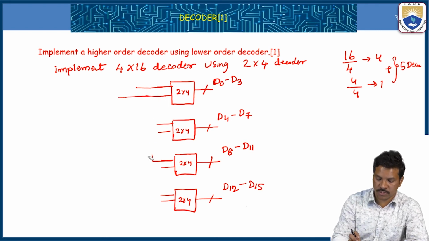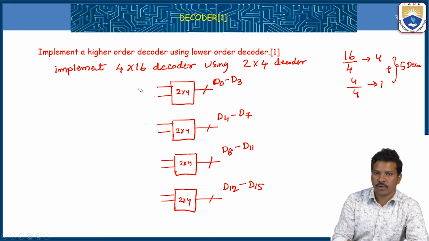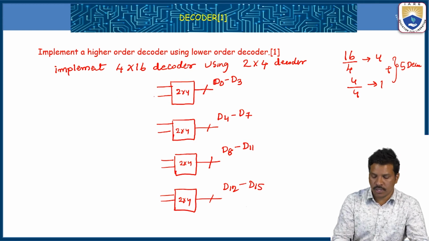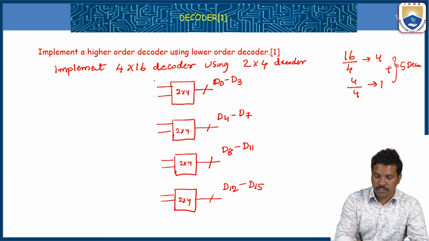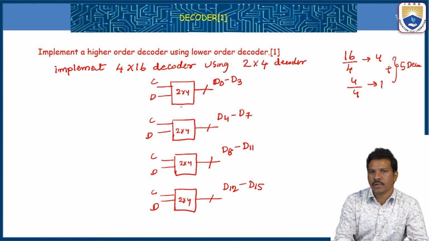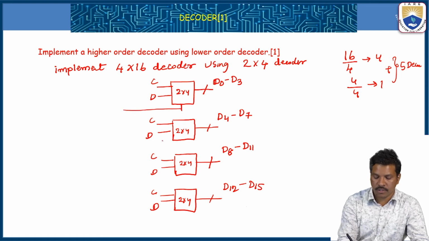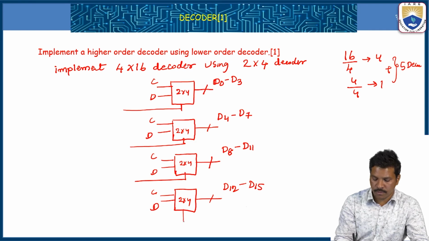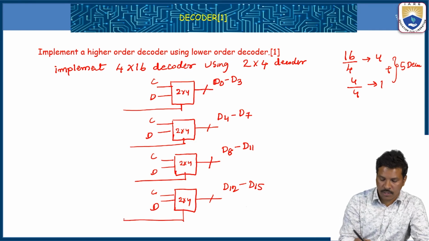No, it's more worthy to draw this way only. Now CD, CD, CD, CD, and it is an enable decoder. The decoder has enable inputs. That input is connected to the 5th decoder.